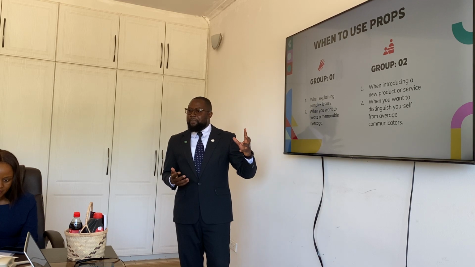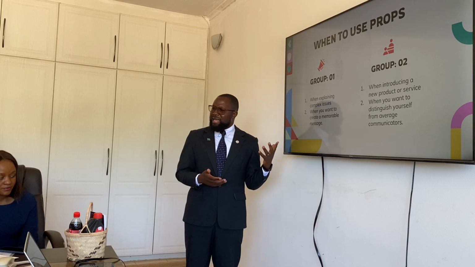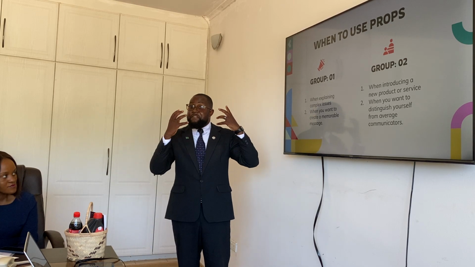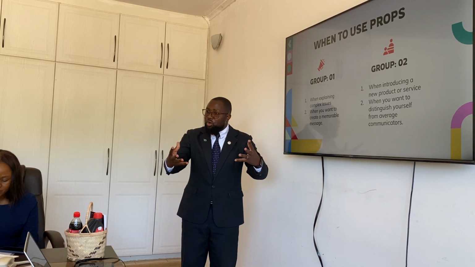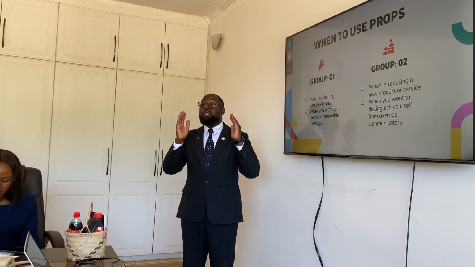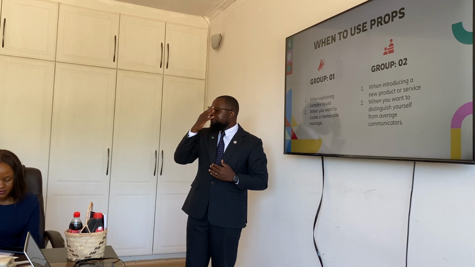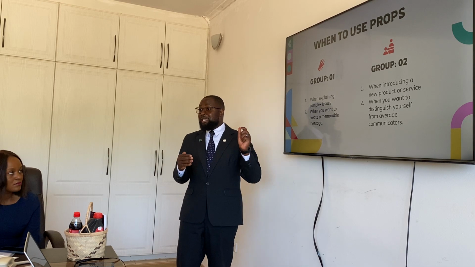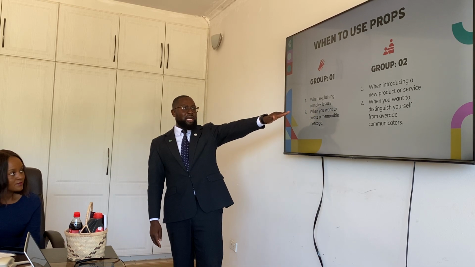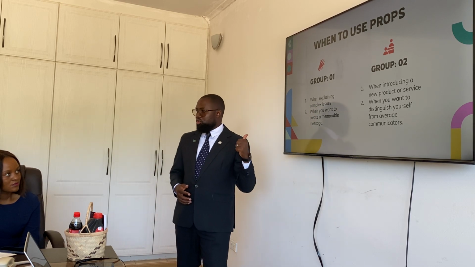As a result, it helped many people to understand, oh, this thing is actually that serious, because they used a physical object, videos and pictures. Some of these pictures are still there when you go to hospitals. Even if you did not place a certain premium on how fearful you were about COVID-19, when you just see the picture, you start getting scared. So when you want to explain something complex, you use a prop.